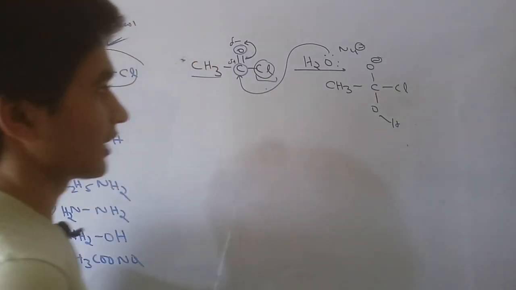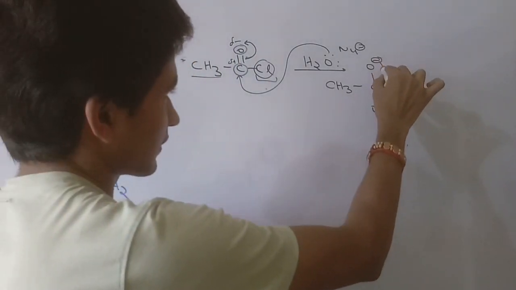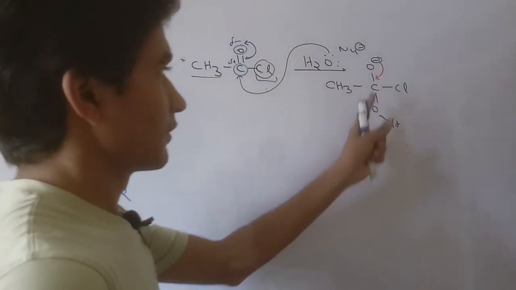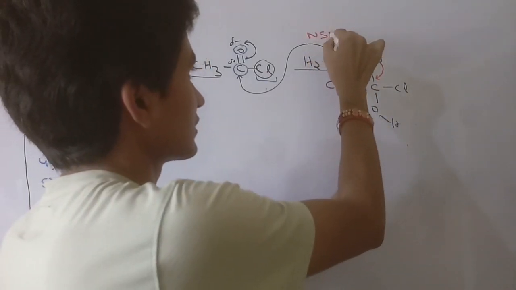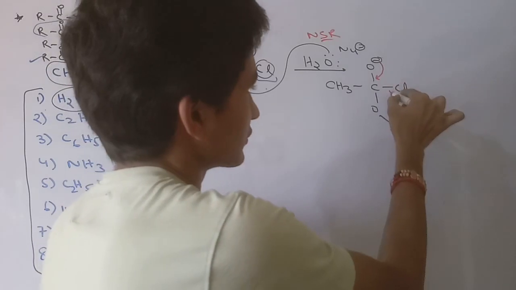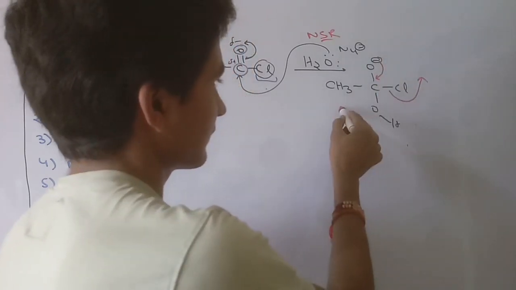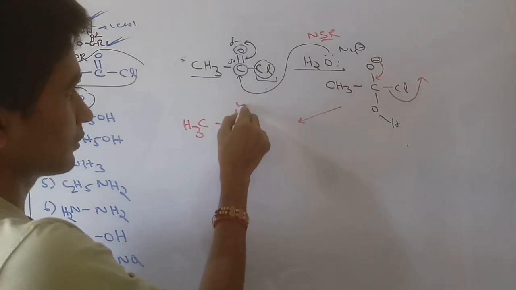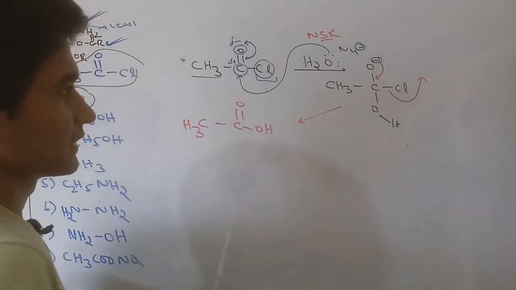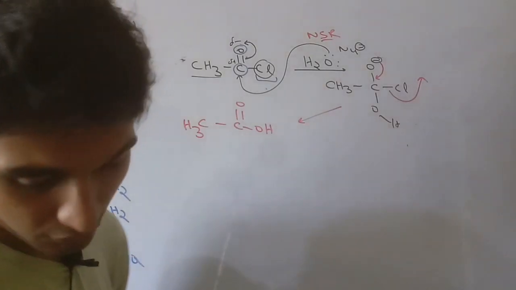Now the oxygen minus will come here and want to form a double bond, and it can, because we are discussing nucleophilic substitution, and Cl is a good leaving group, so Cl will leave and the product will be CH3 C double bond O OH. Clear? So this is the basic product in the first reaction.